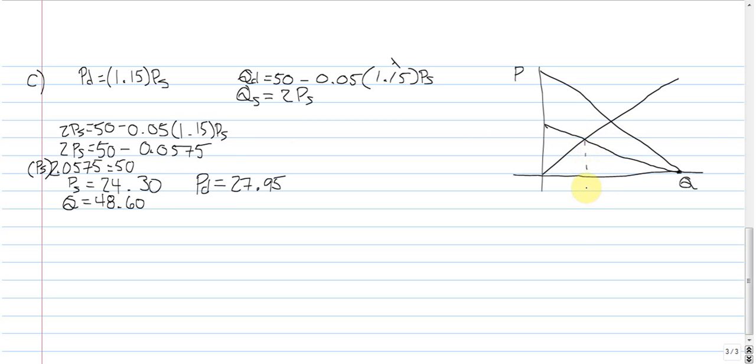Okay, and of course this isn't going to be to scale because 48.6 is not that much different from what we had before. But this is 27.95, and we already calculated that this was 24.3, which means the difference between these two is about 3.65.